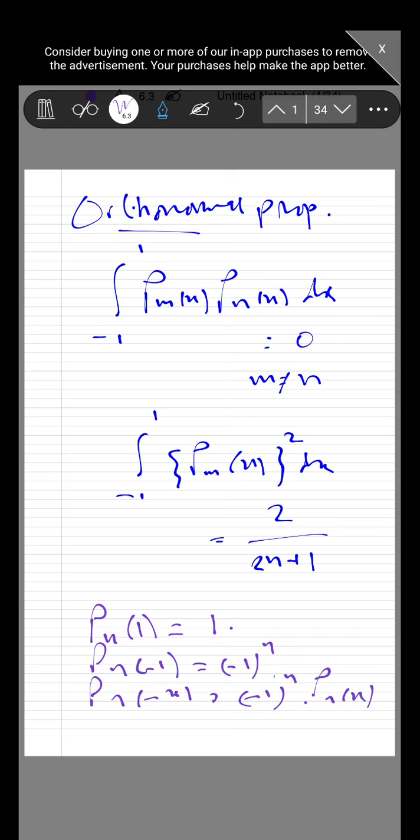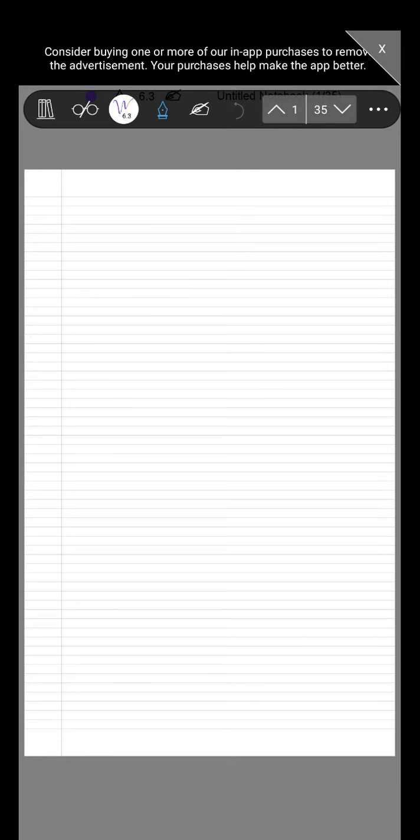So there are a few more properties of Legendre, and based upon Legendre we have another function. It's called the associated Legendre function.